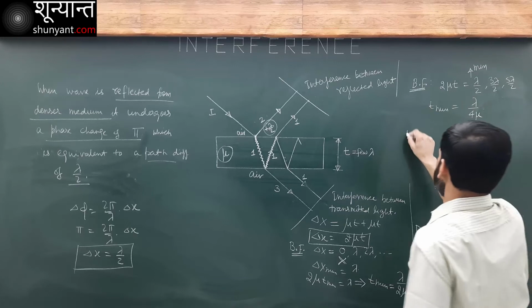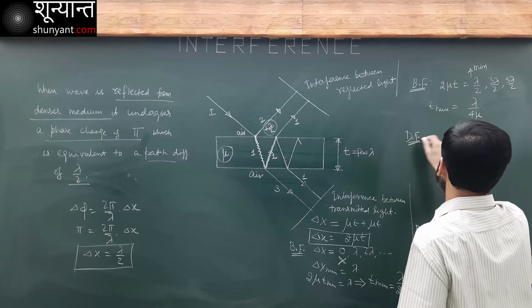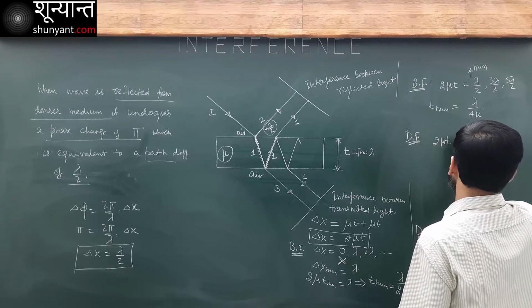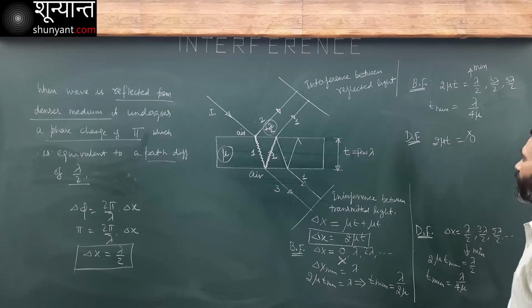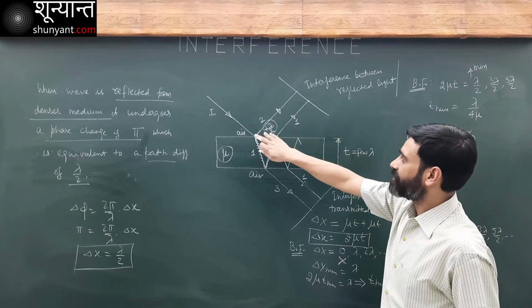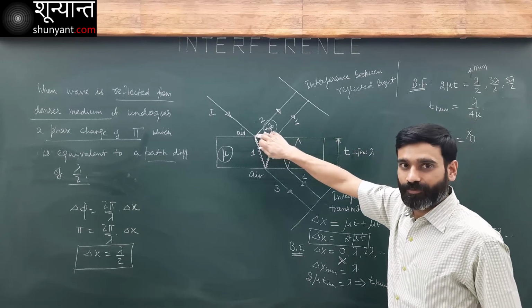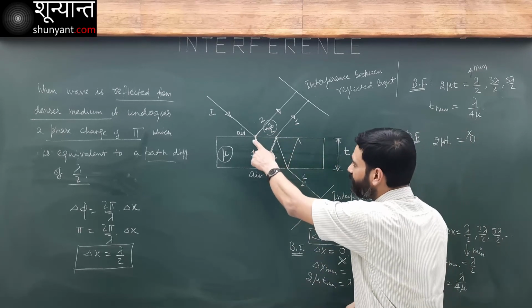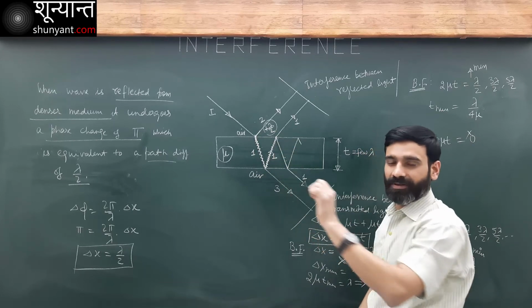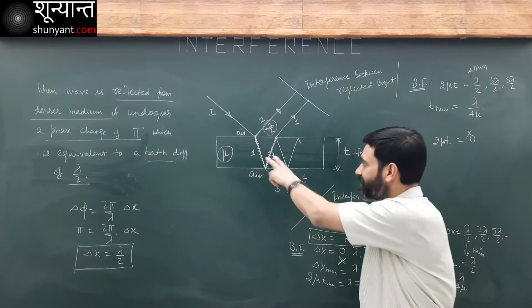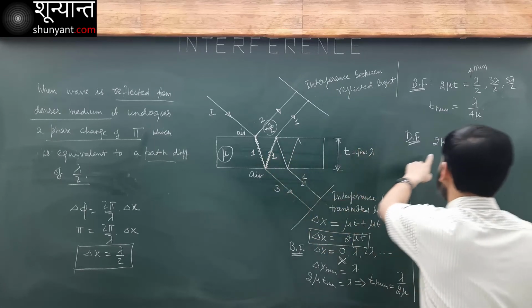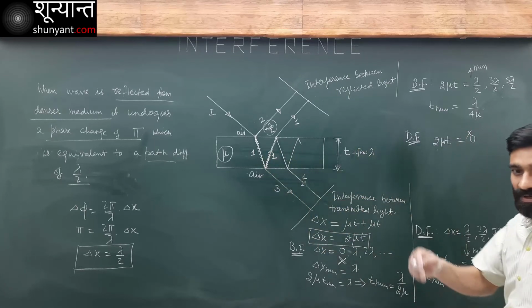Now for dark fringe, 2 mu times t cannot be 0. It already has a path difference of lambda by 2. So even if this path difference is 0, there is going to be destructive interference. But this cannot be 0, it is 2 mu times t. So what is the next possibility?